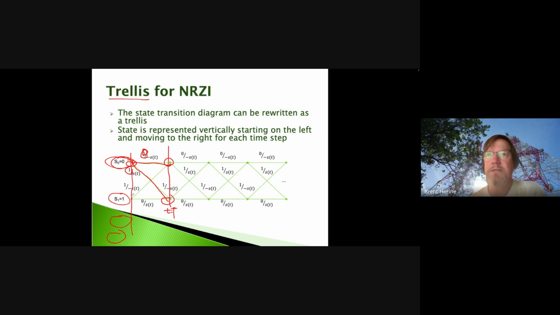But let's say we started over here in state 1, then we get in a 1. 1 exclusive OR with 1 gives us a 0, so we're going to transition over here.